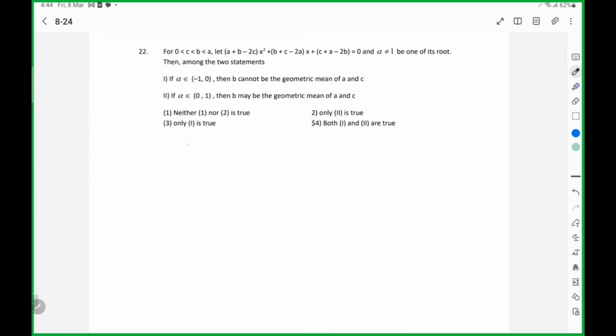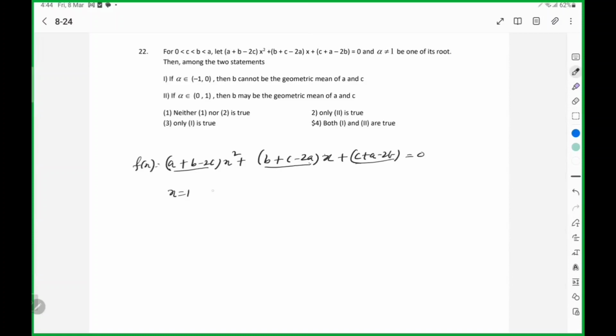0 less than C less than B less than A. The equation given is such a big expression. With careful observation, adding all the coefficients, we get A plus A, 2A, minus 2, like that.